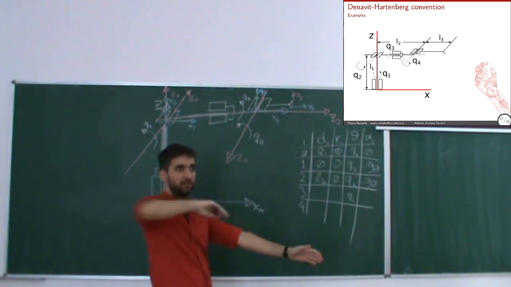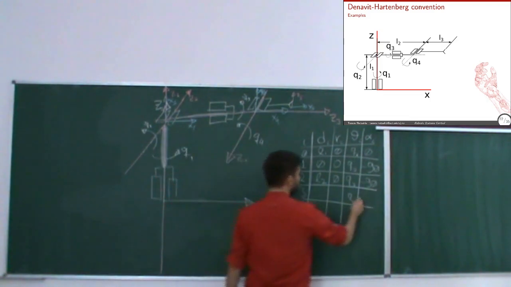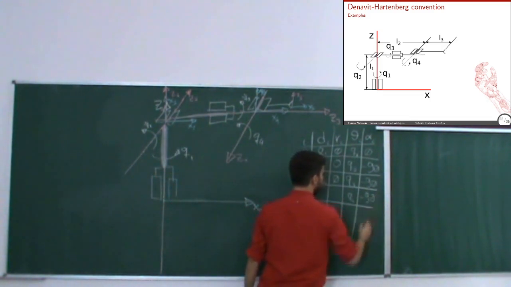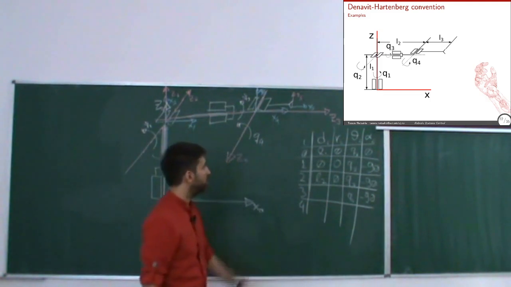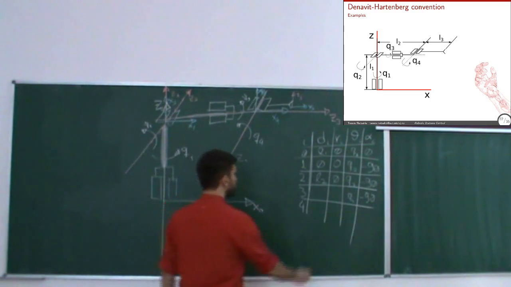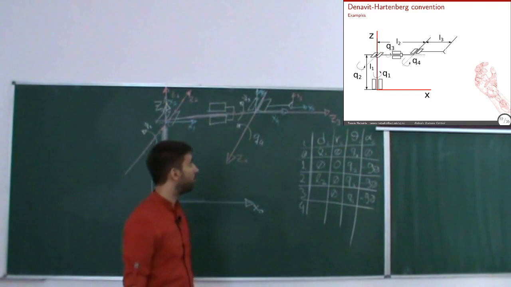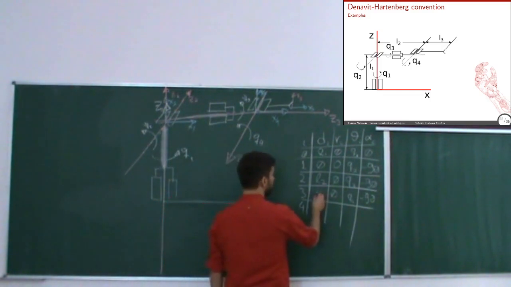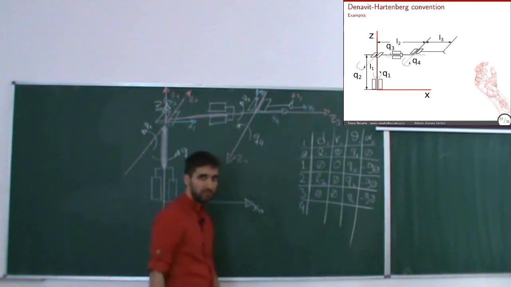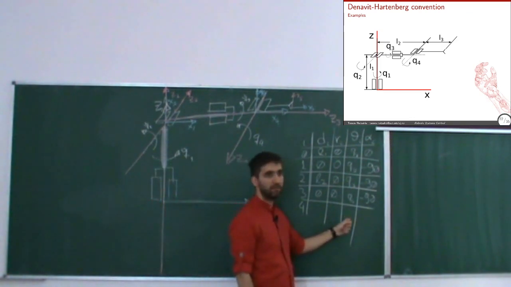So this angle, minus 90 again. The distance between Z3 and Z4 is also 0, and the distance between x3 and x4, 0.